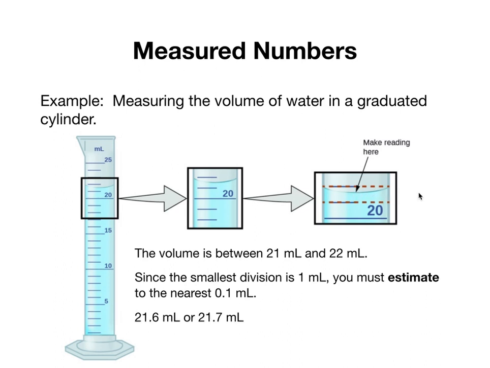It's a little bit more than that. So maybe we might look at that and say, I estimate that that's 21.6 milliliters. Or you might say, I think it's 21.7 milliliters. I'm sorry, we're talking milliliters, not millimeters. So 21.6 or 21.7 milliliters.